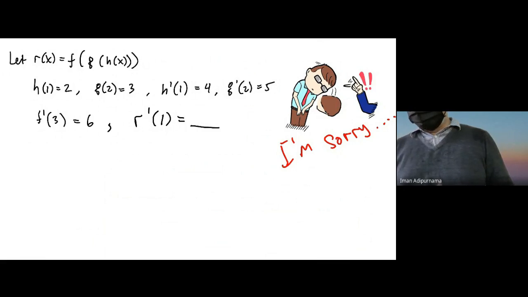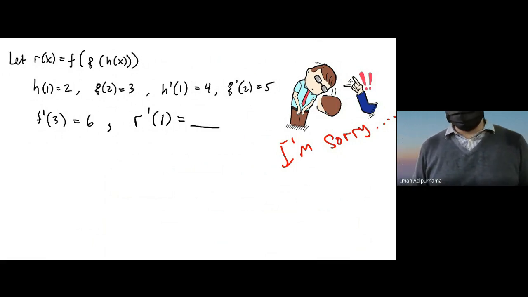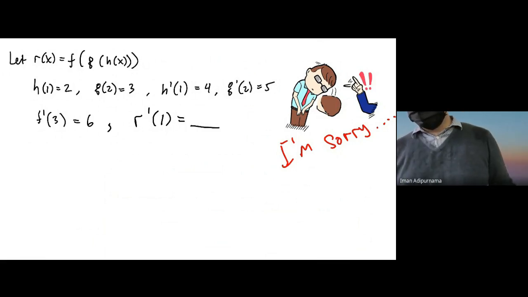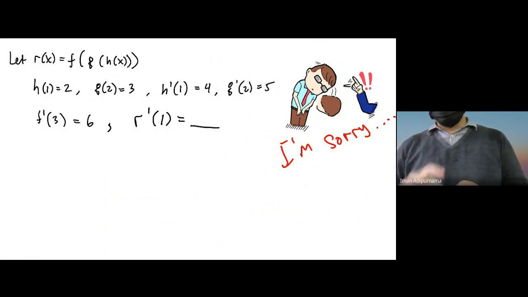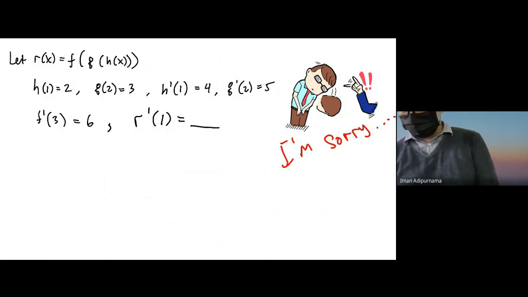All right, so how to solve this? This is basically the chain rule. Let me write here: this is r of x.